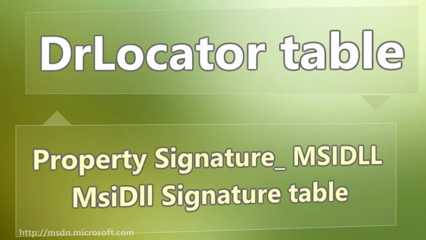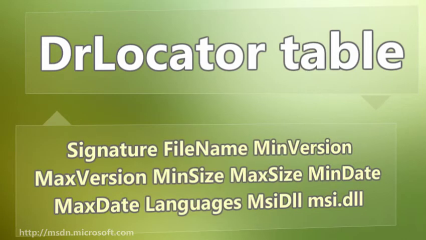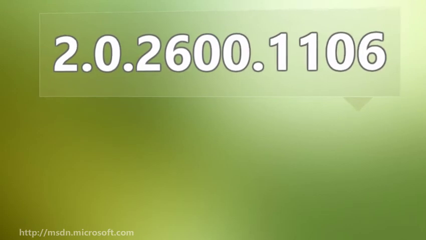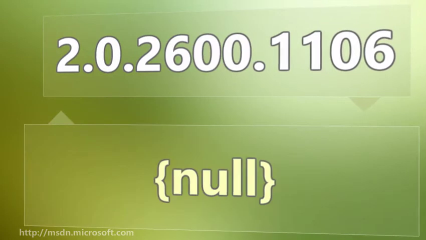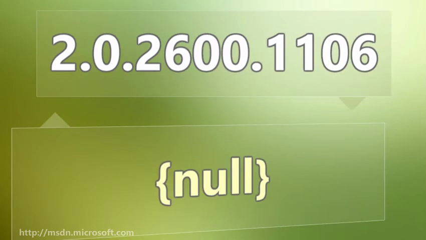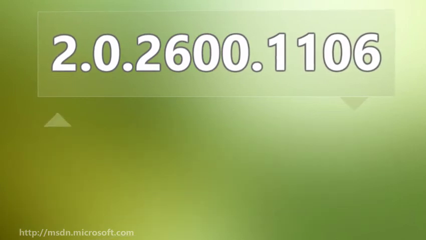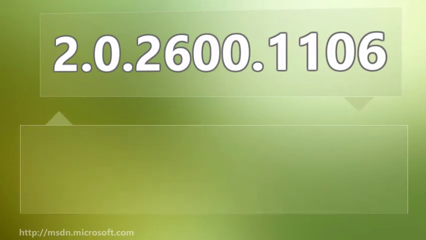Signature table: Signature MSIDLL, FileName MSI.dll, MinVersion 2026001106, MaxVersion null, MinSize null, MaxSize null, MinDate null, MaxDate null, Languages null.